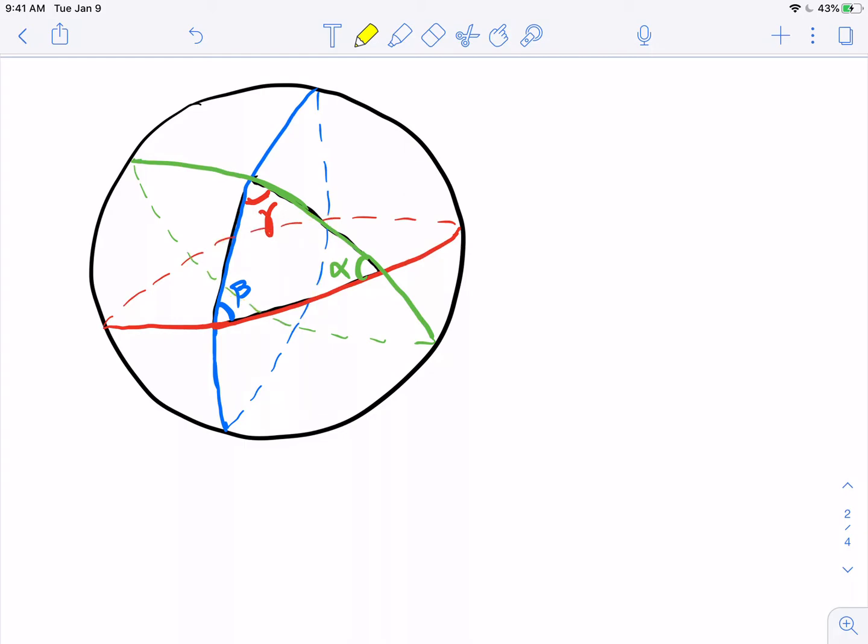And that's because, let's pretend we're looking at the northern hemisphere right now from above. The southern hemisphere is kind of an identical copy of the northern hemisphere via the isometry, which is reflection through the center of the Earth, right? It's going to send this point to that point, this point to that point, this point to that point, etc. So you get a copy of this triangle in the back.